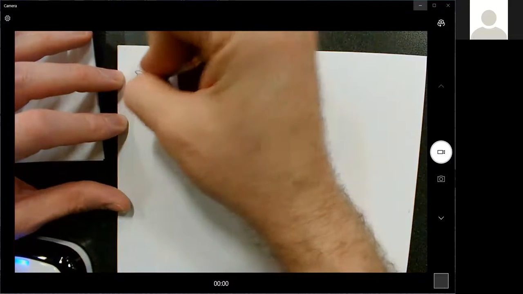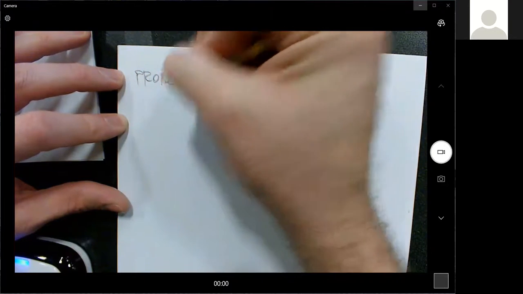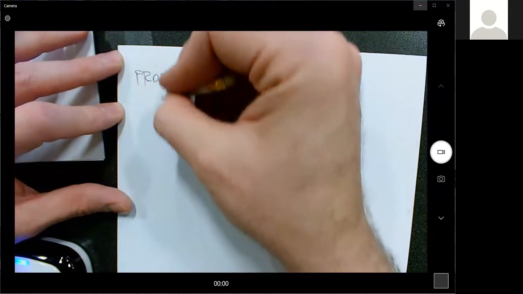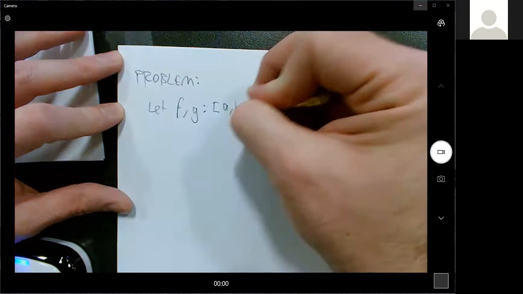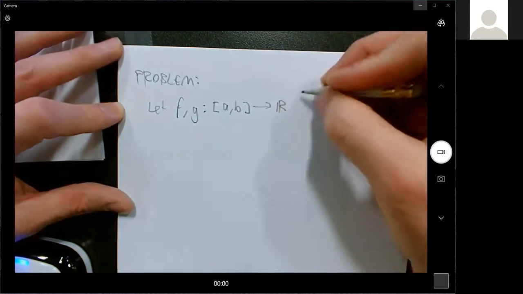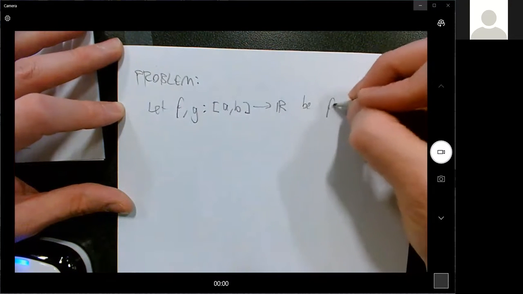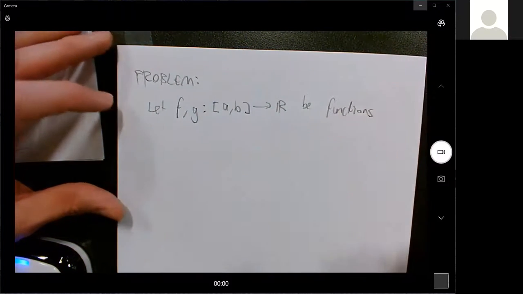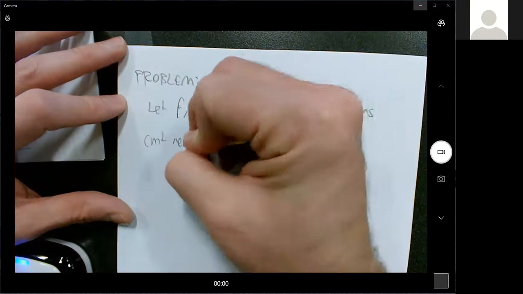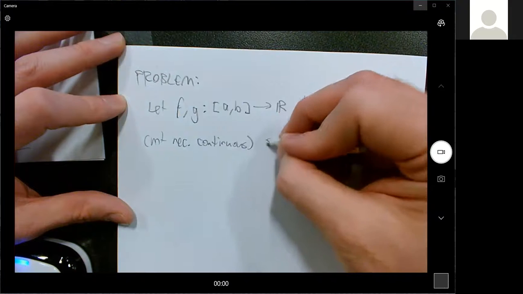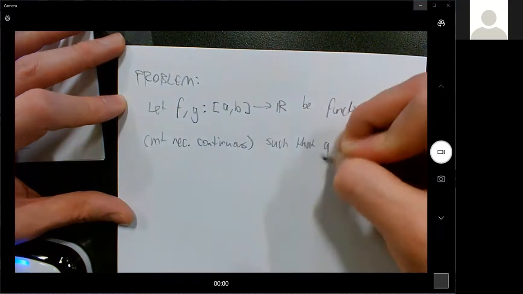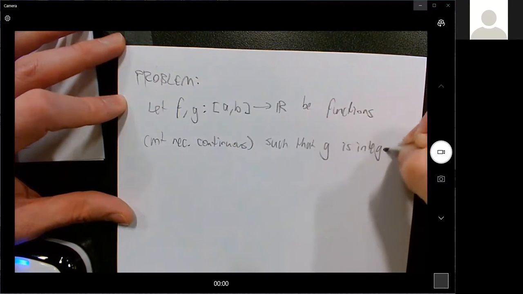Just thinking about where I'm going to go next. Well, let's try another problem. Let's see what happens. Let f and g be functions from the interval [a, b] to R, not necessarily continuous, such that g is integrable.